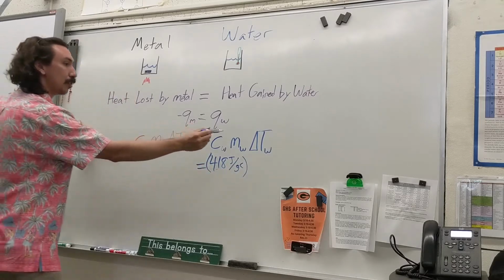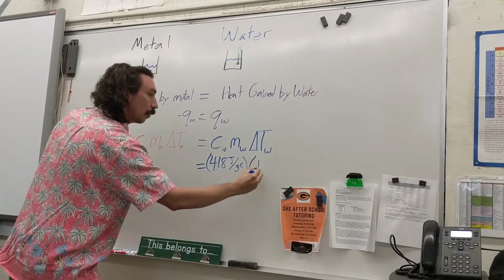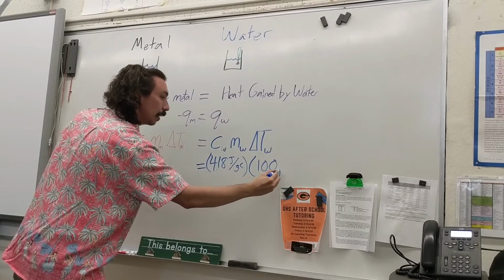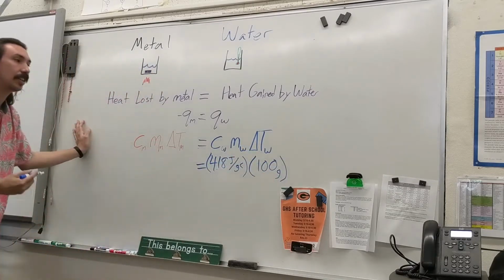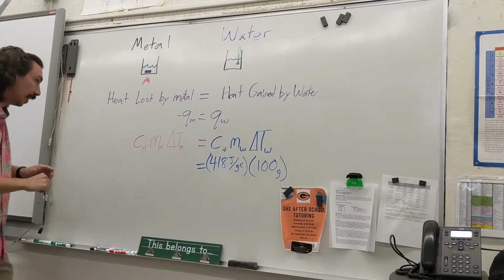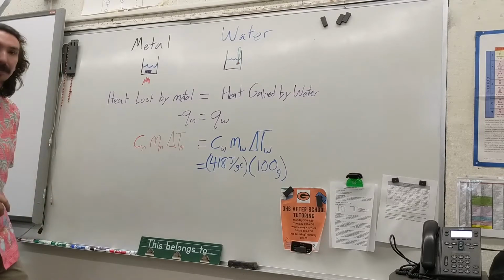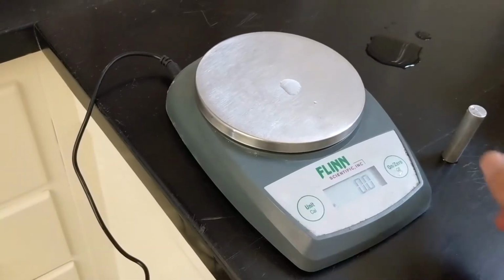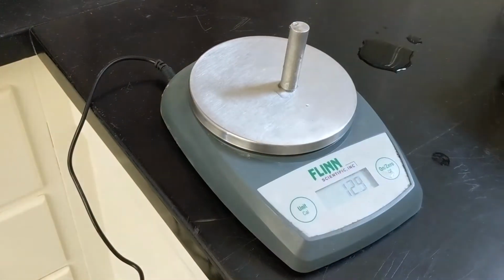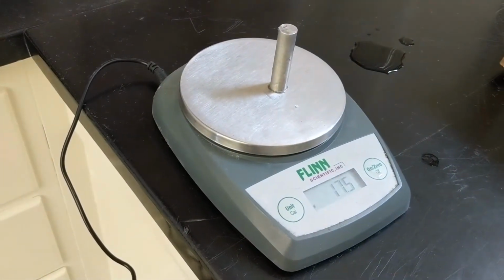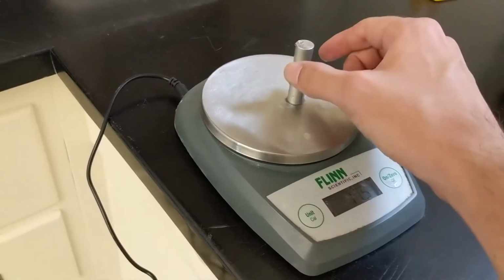I measured the mass of the water as well, 100 grams. So we just need to know the change in temperature. And on the metal side, I need to go measure the mass right now. Let's go do that. The mass of this piece of aluminum is about 17.5 grams. So we can fill that in as well.